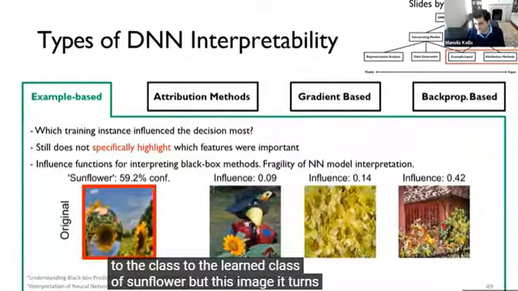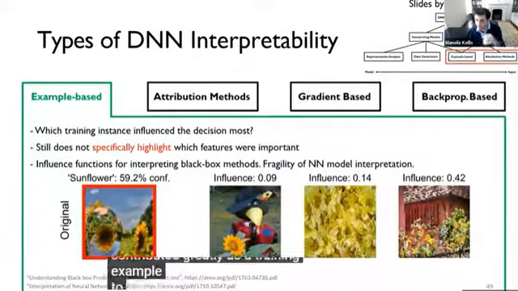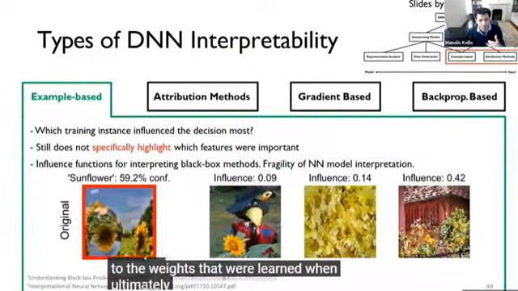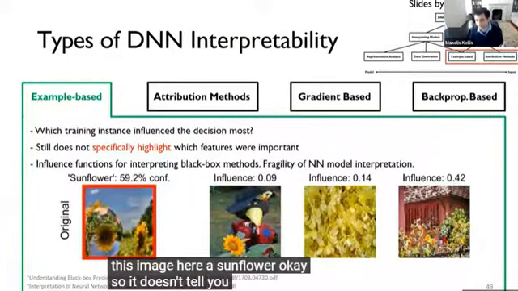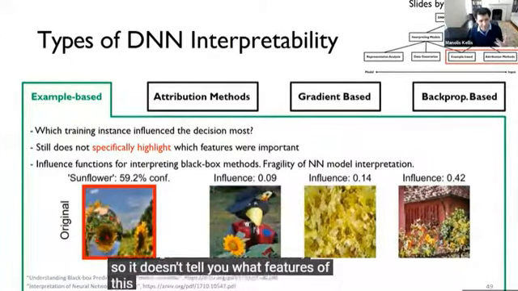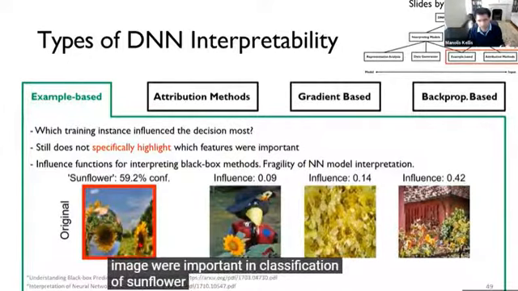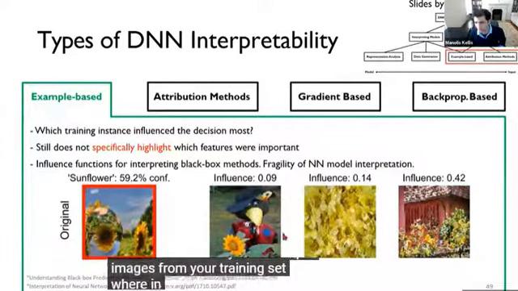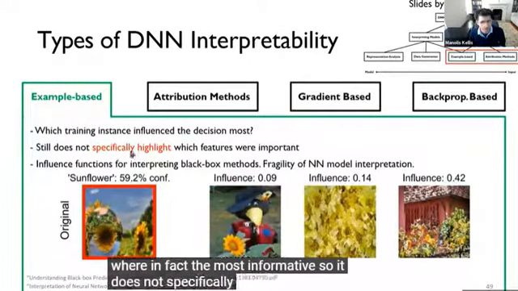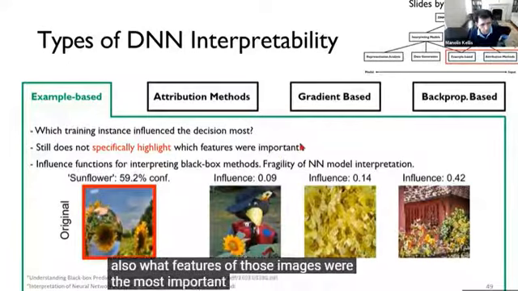But this image, it turns out, contributed greatly as a training example to the weights that were learned when ultimately classifying this image here as sunflower. It doesn't tell you what features of this image were important in classifying it as a sunflower. It tells you what input images from your training set were in fact the most informative. It does not specifically highlight what features of those images were the most important.